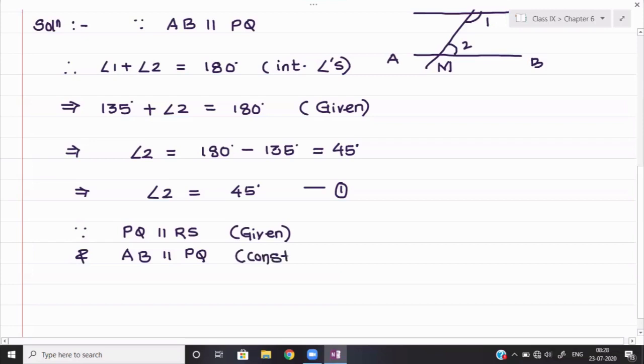Now see, which two lines are we talking about? AB and RS. AB and RS are commonly parallel to PQ, so they are also parallel to each other. So we can say that AB is parallel to RS.